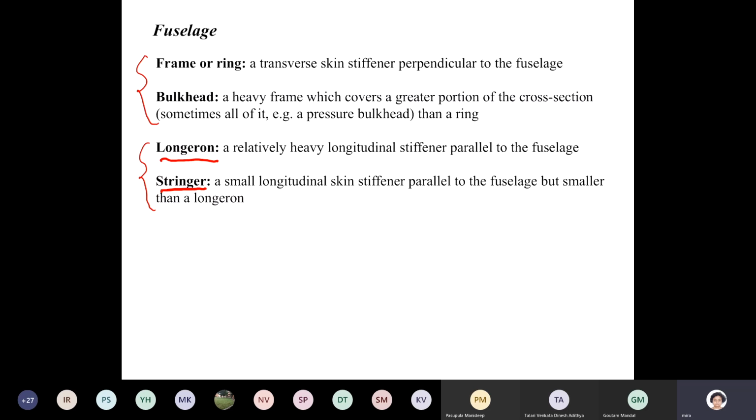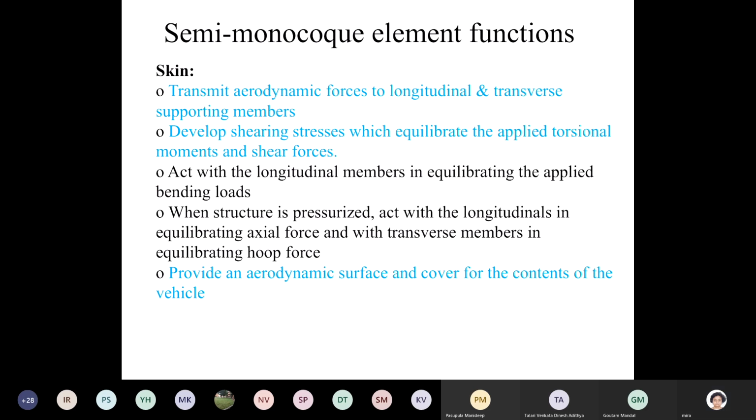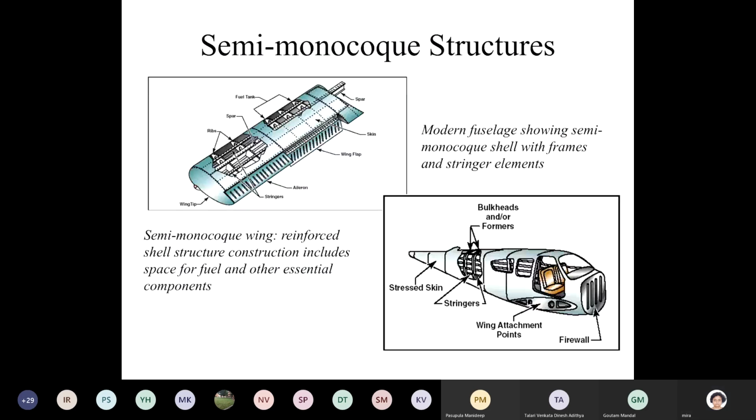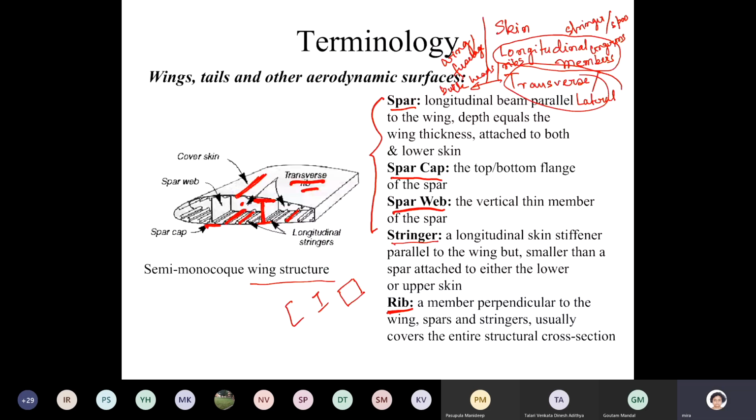Bulkheads are usually much heavier and cover a greater portion of the cross section. Frames and rings are like ribs; they are transverse skin stiffeners perpendicular to the fuselage. I don't have a picture of a ring. So this is the overall picture.